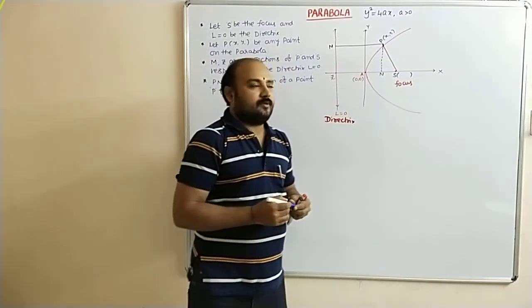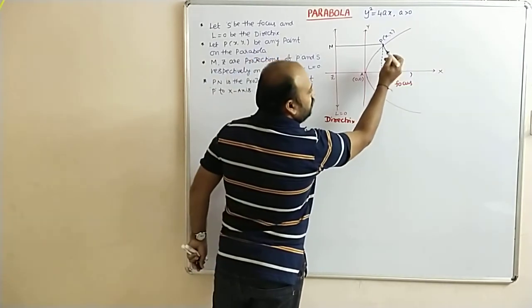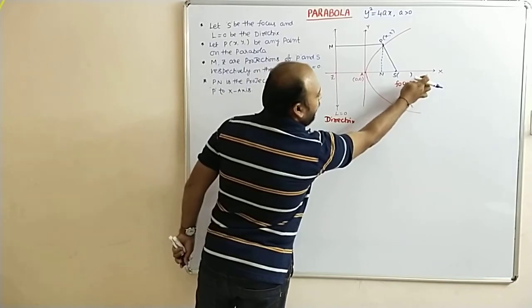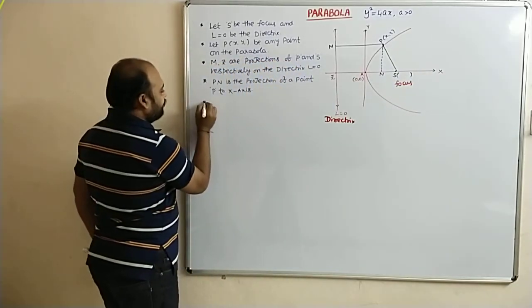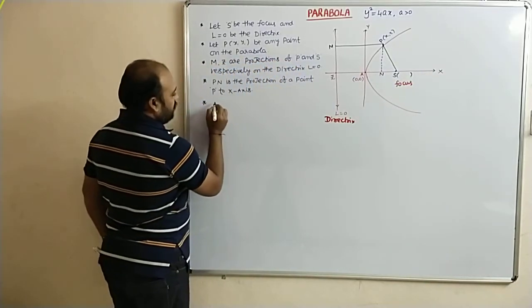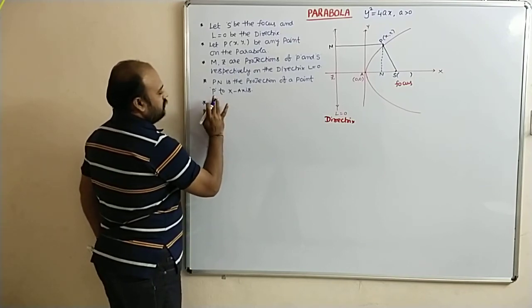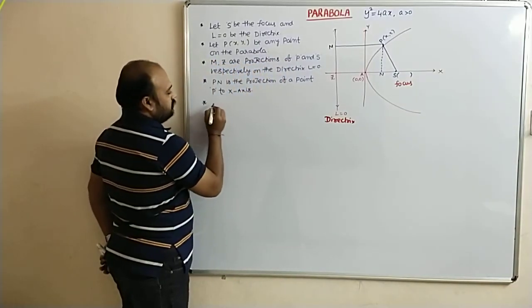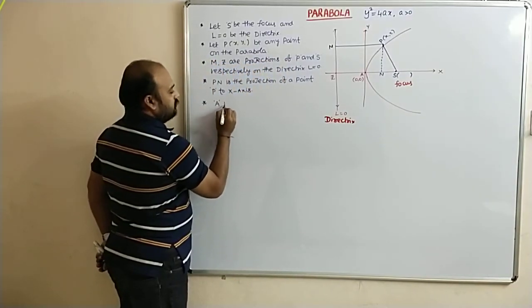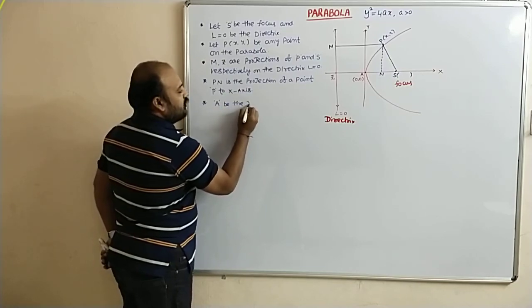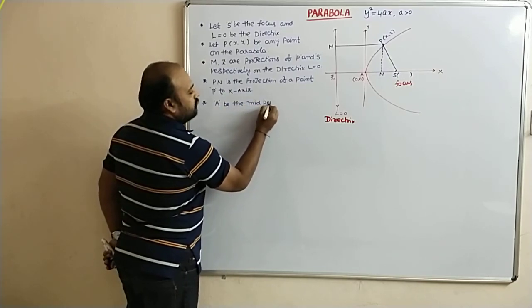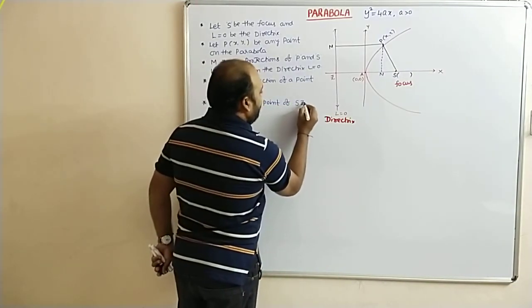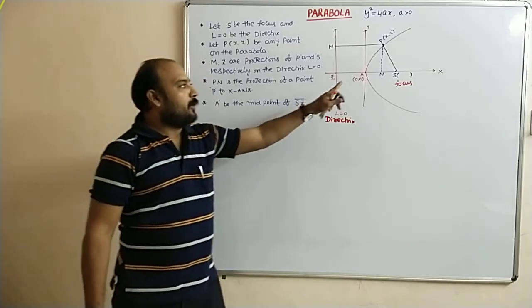The parabola curve meets the x-axis at A. Let A be the midpoint of SZ.